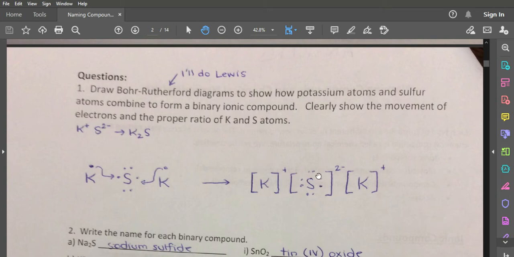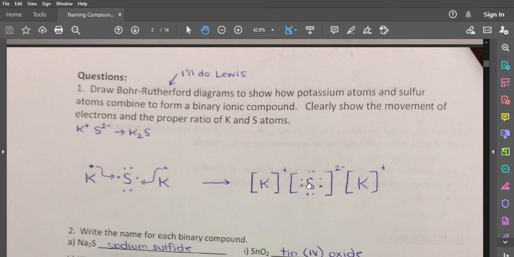Sulfur is going to have what we call a complete octet. It's happy, has 2 extra electrons, so it's a 2 minus. That's where it came from. And this potassium, as well as the other potassium, are both going to be a positive charge. And this is also in the same ratio that we have for our overall ionic compound. We have 2 Ks, just like in our formula, and we have 1 sulfur, just like we do in our formula.